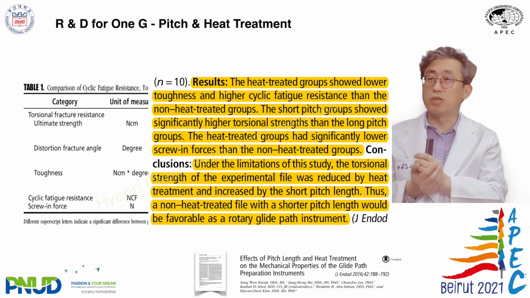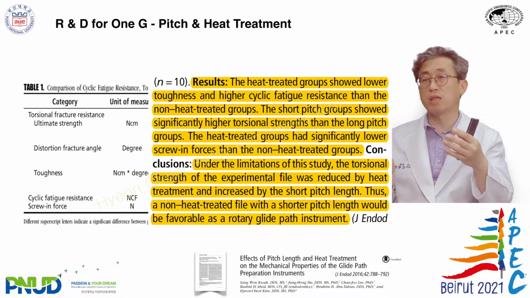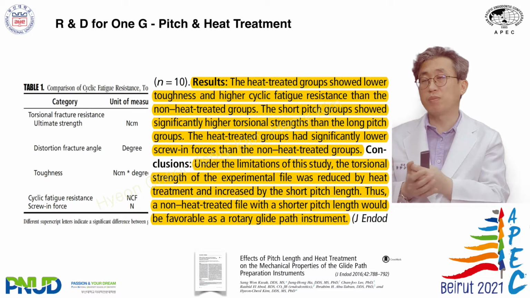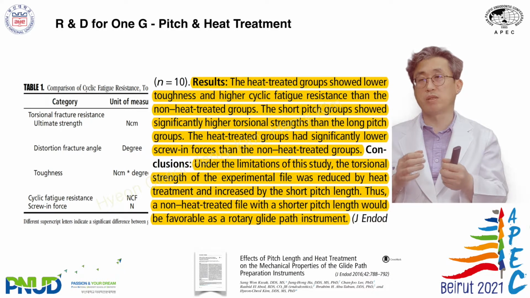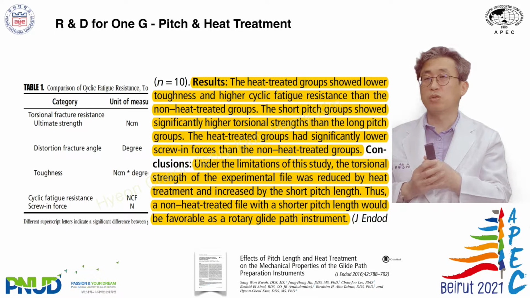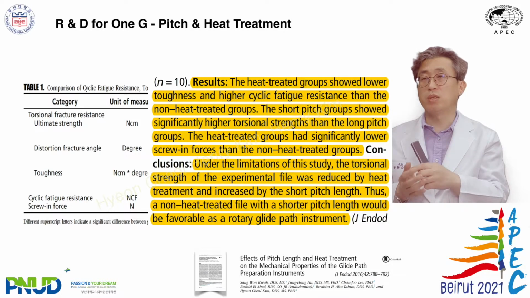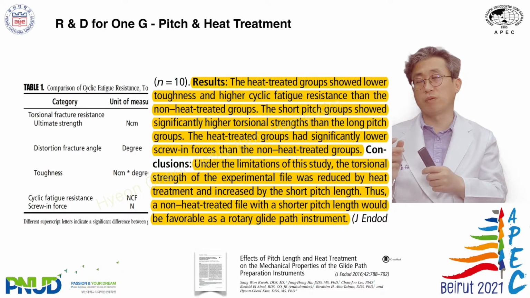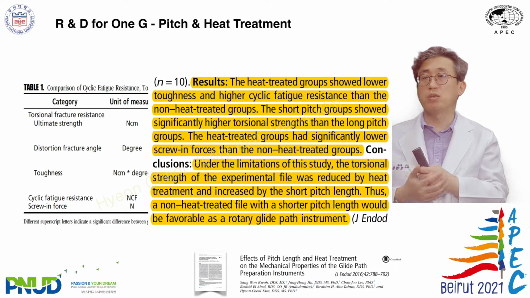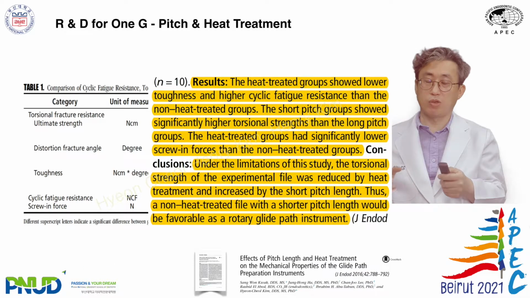And the heat-treated instruments have good cyclic fatigue resistance, but for the glide path file, the torsional resistance is much more important than the cyclic fatigue resistance. So we suggested the company make the 1G, the new glide path instrument at the time, already maybe 5 to 6 years old, without heat treatment. So you can now use the 1G file without heat treatment.